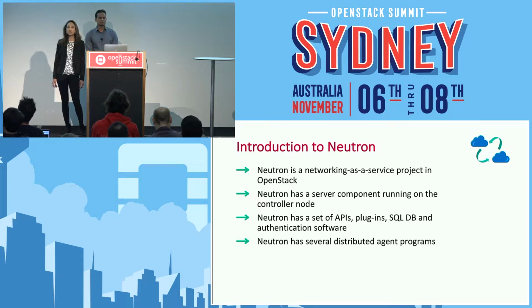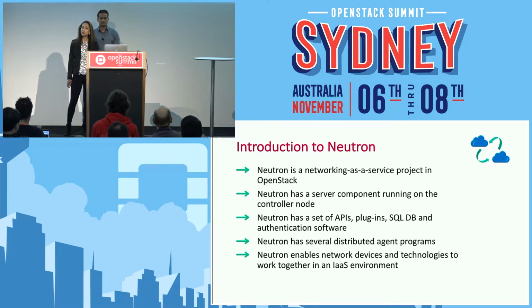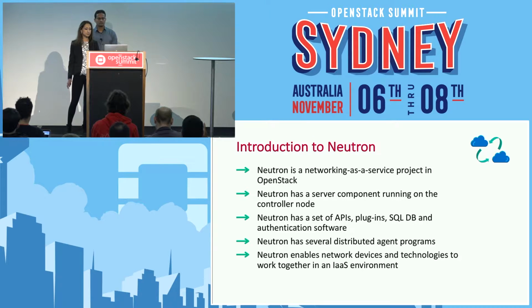In addition to that, Neutron also has several distributed programs that are running on various other nodes. So Neutron in general enables network devices and technologies to work together in an infrastructure as a service environment.